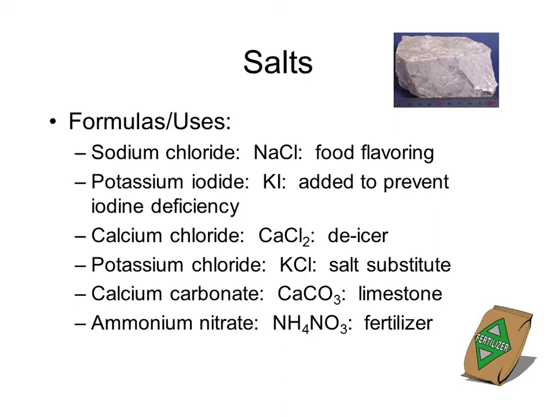Potassium chloride is used as a salt substitute. Sometimes people end up having too much sodium in their diet, and so they can switch out that type of salt and still be able to flavor their food. Calcium carbonate is used in limestone, and ammonium nitrate is what's most often found in fertilizer. This is because of the ammonium, from the base ammonia, and then nitric acid, which when they come together create this fertilizer.